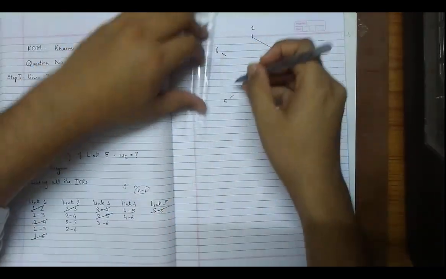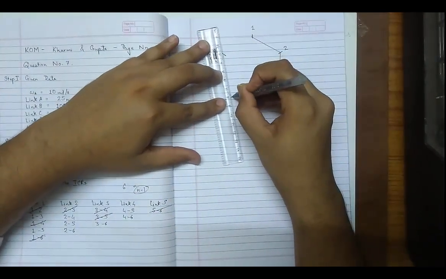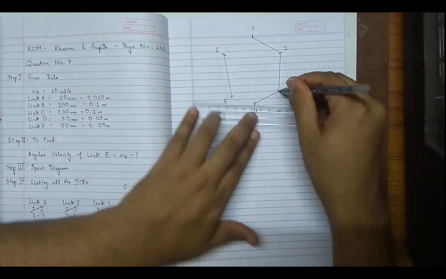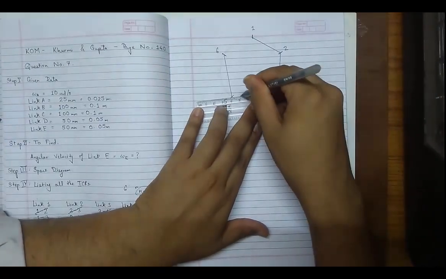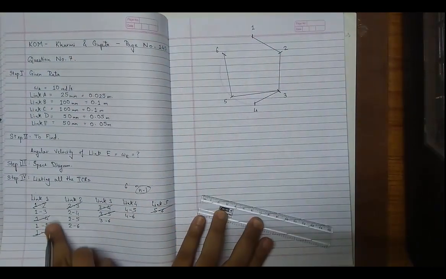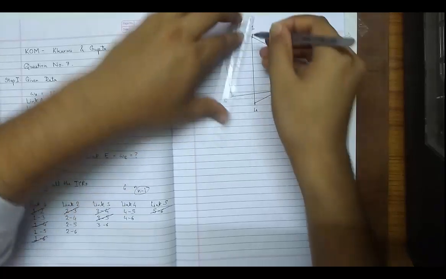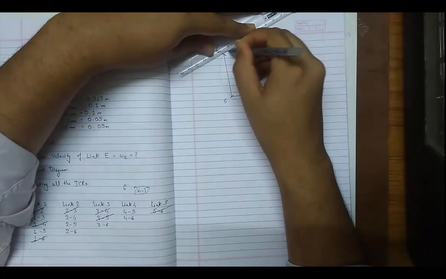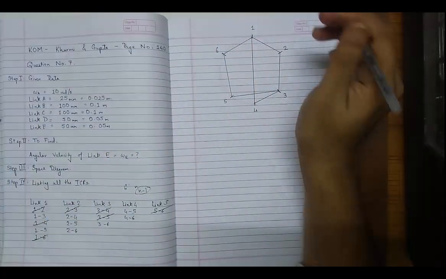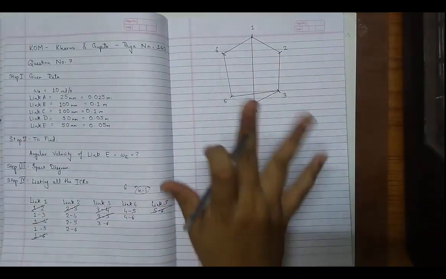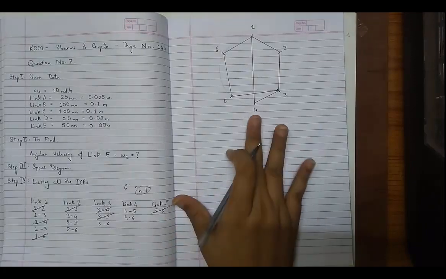I have cut 5 6, I will mark 5 6. I have cut 3 5, I will mark 3 5. I have cut 1 4 and 1 6, so I will mark 1 4 and I will mark 1 6. So I have marked all the ones, 7. Done.